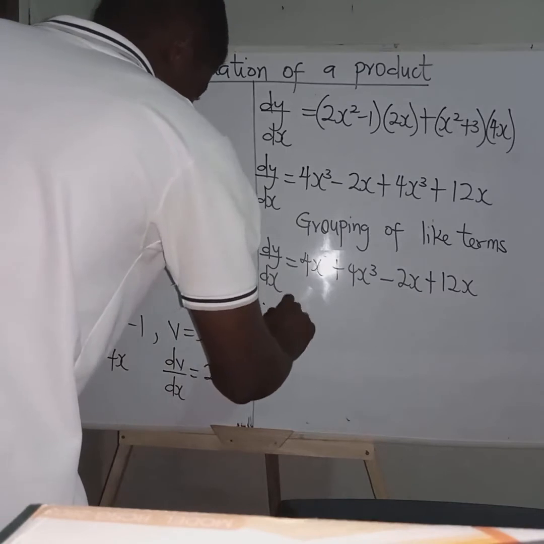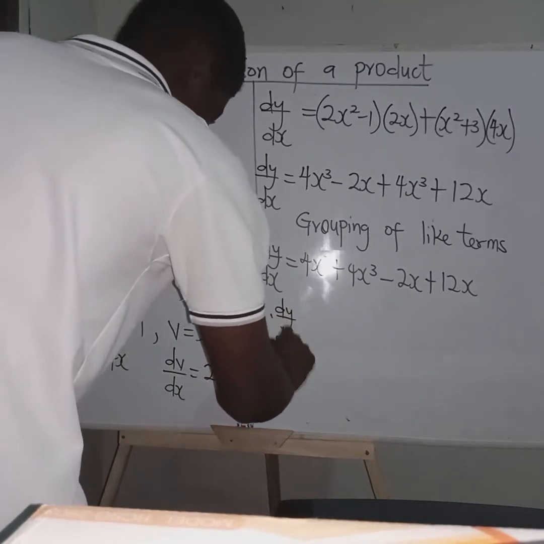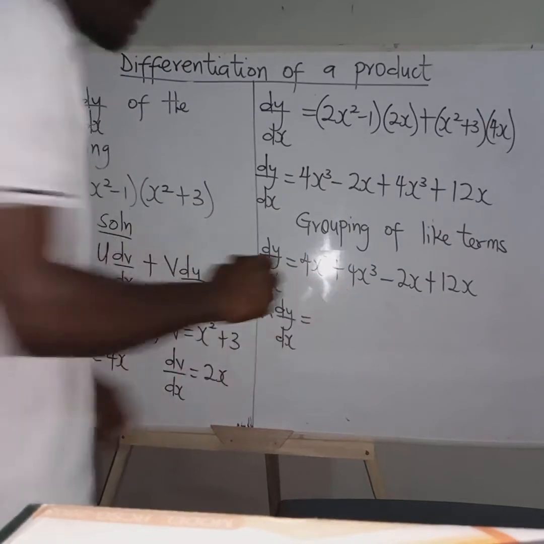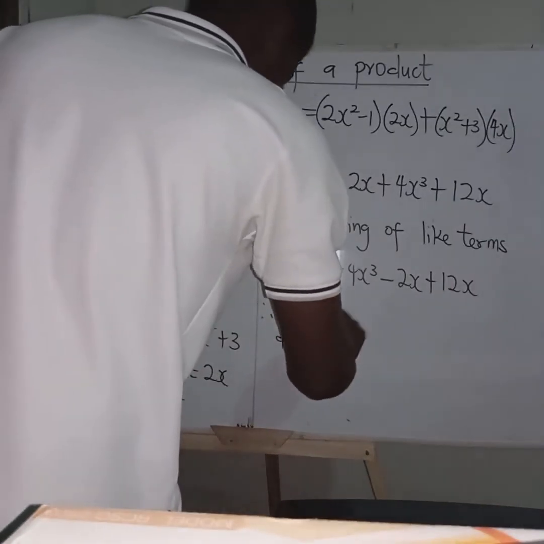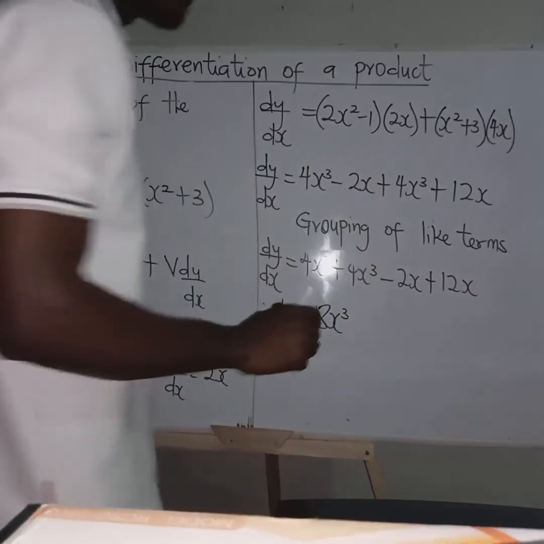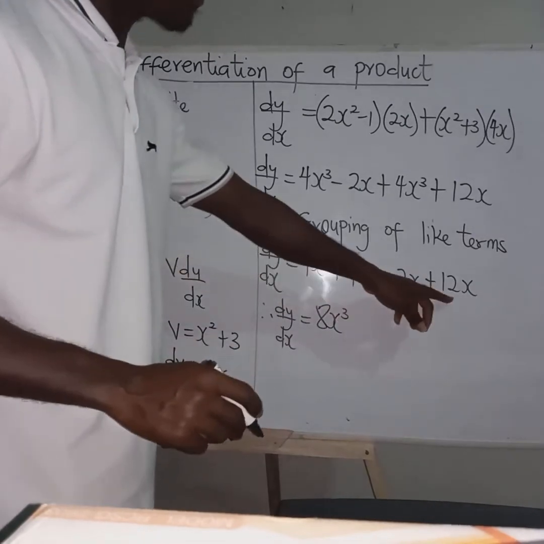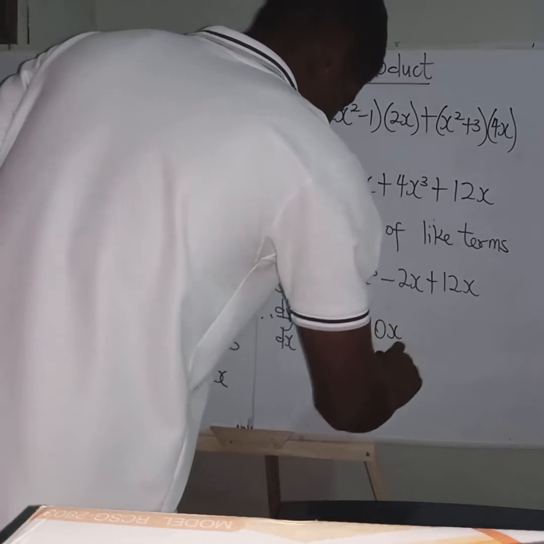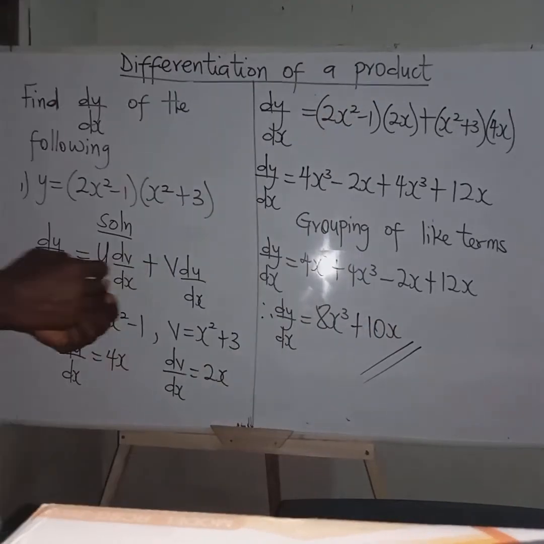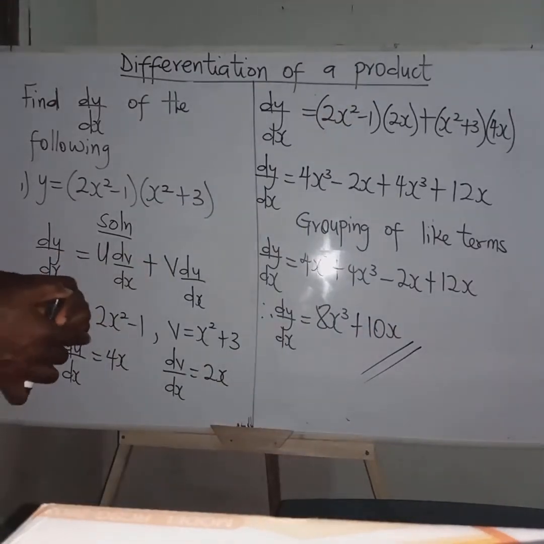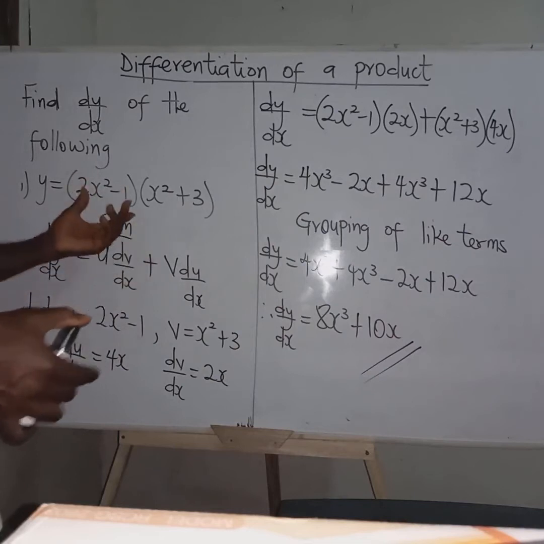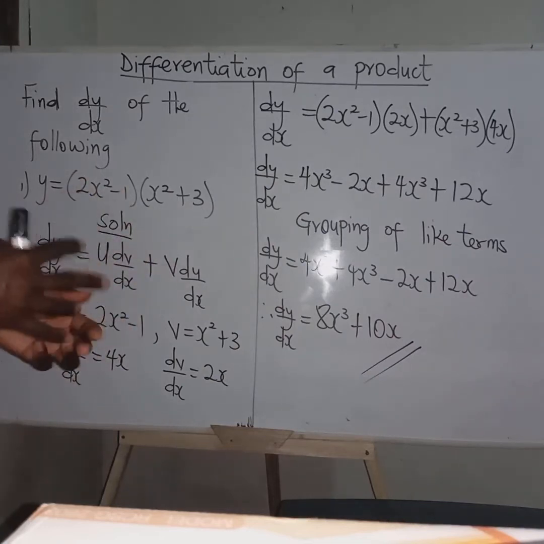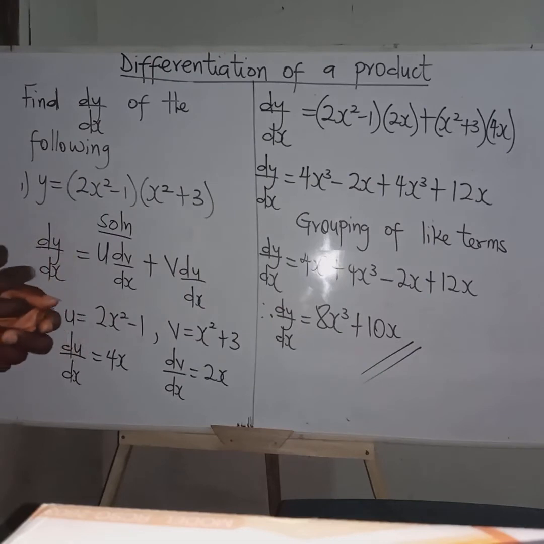Therefore, dy over dx is equal to 4x cubed plus 4x cubed, which is 8x cubed, minus 2x plus 12x, which is positive 10x. And this will be our final answer. So this is how we apply the product formula in solving such expressions.